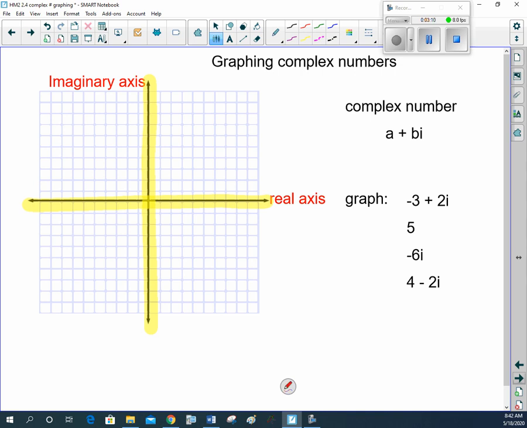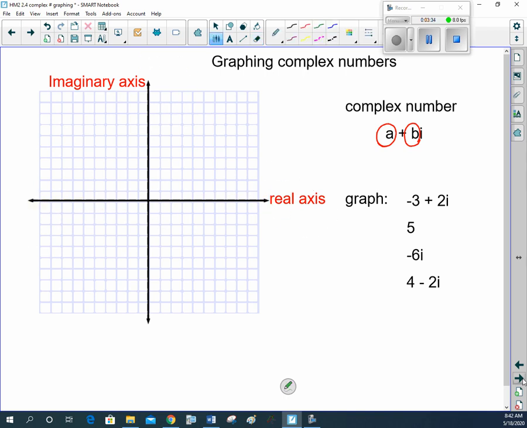The real axis is the a part right here in our complex number. And then the imaginary is the b part, this part right here. That's our y value that we're used to, x and y's, but we're going to do a's and b's. So if we're going to graph negative 3 plus 2i, let me erase this stuff here.